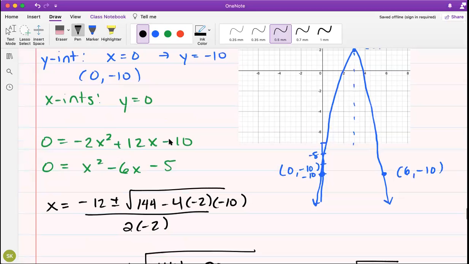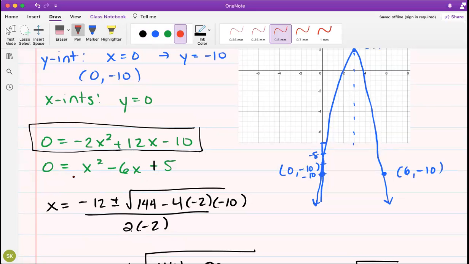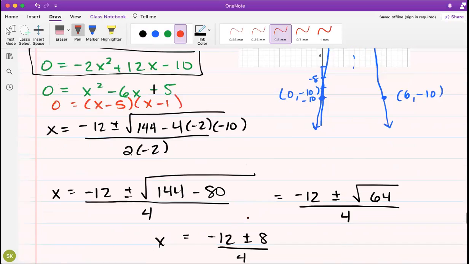What happened was, and that's my mistake, when I was right here, I divided everything by a negative 2, remember? So this became a positive. This became a negative, but I forgot to make this one a positive. So it does factor. It factors into 0 is equal to x minus 5, x minus 1, which is what I'm getting here.